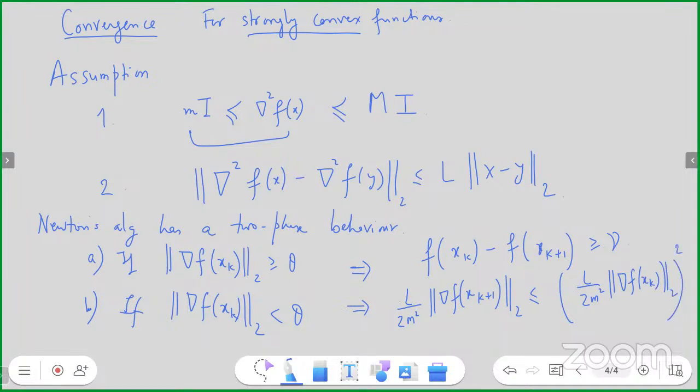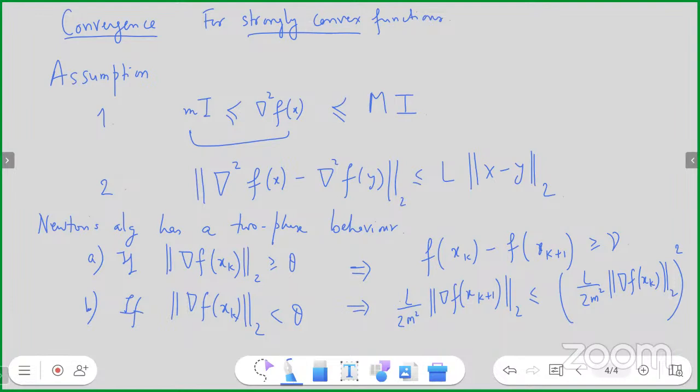Remark the square here. Once you cross the threshold of theta in terms of the gradient, then there is something quadratic going on: the gradient at step xk plus 1 is bounded by the square of the gradient at xk. From here, one can derive the convergence result. This is essentially what we are going to show.